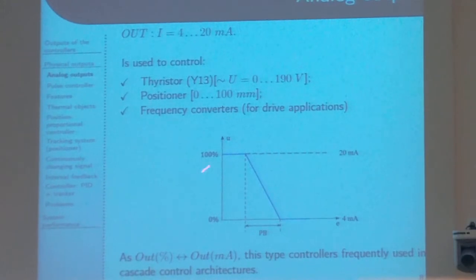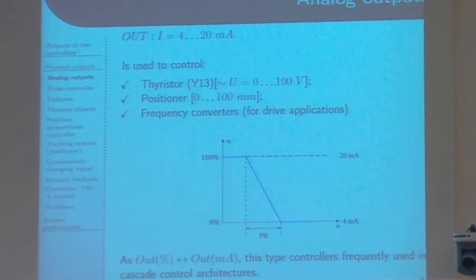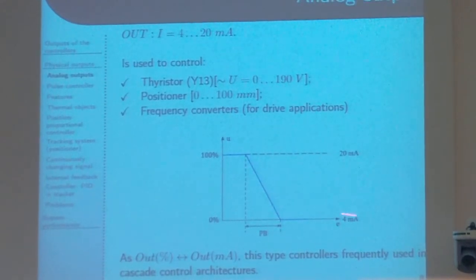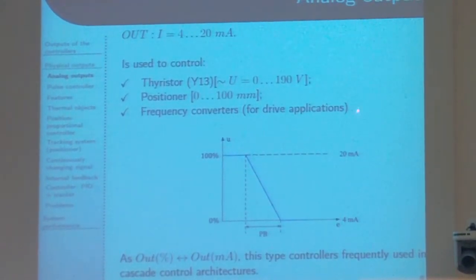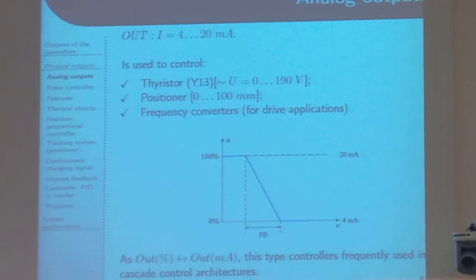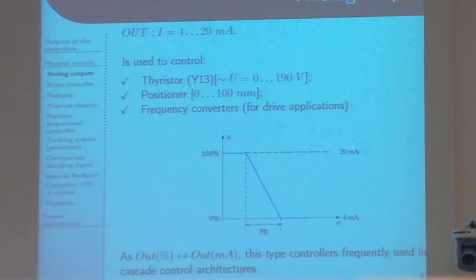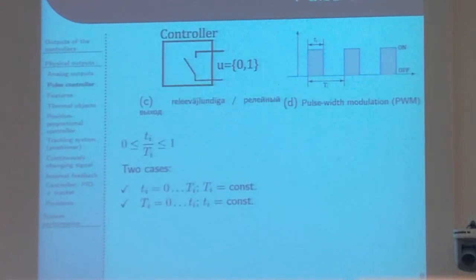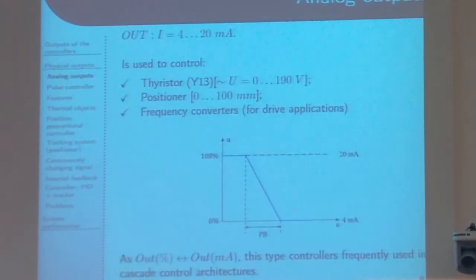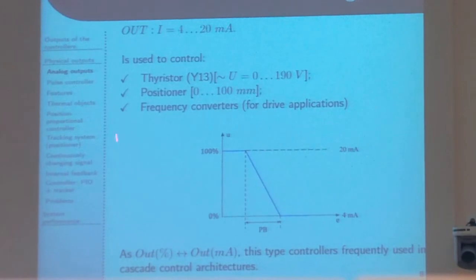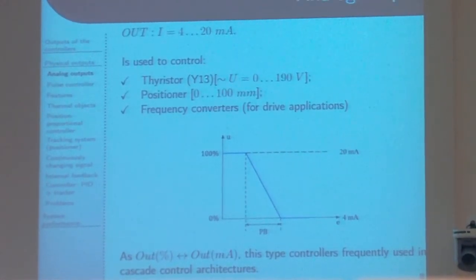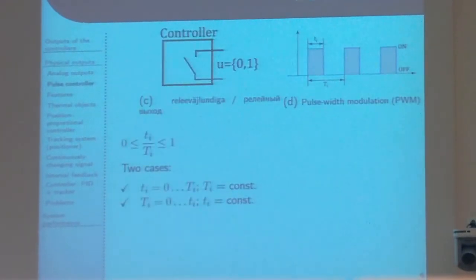In that case, the output of the controller can be given both in percent or just in the units we have in our application. A little bit more I will talk about when we talk about the linearization of the process.